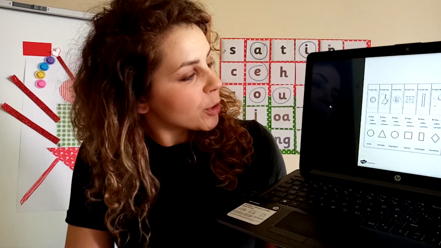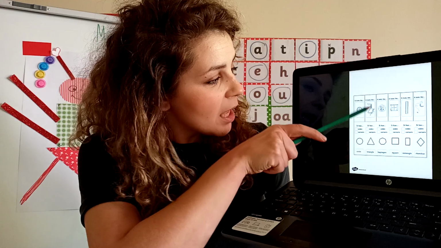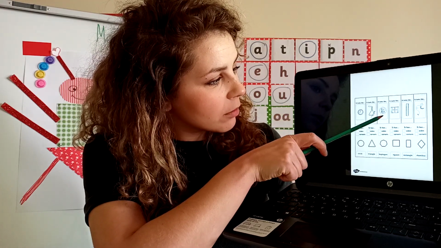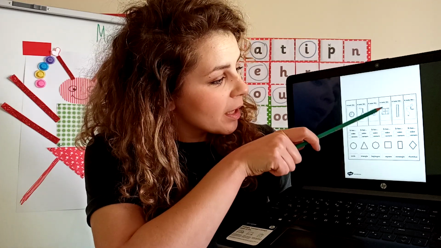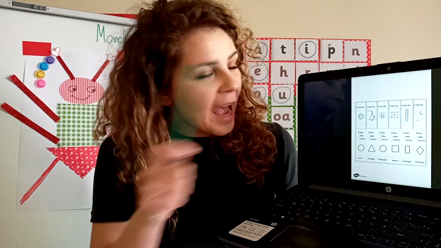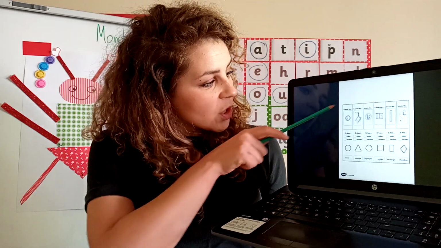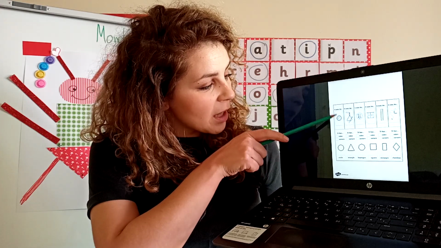So you have different objects, like this clock, okay? Triangle, this coin, but it's not circle, it's a different shape. Window, ruler, and a kite, okay?